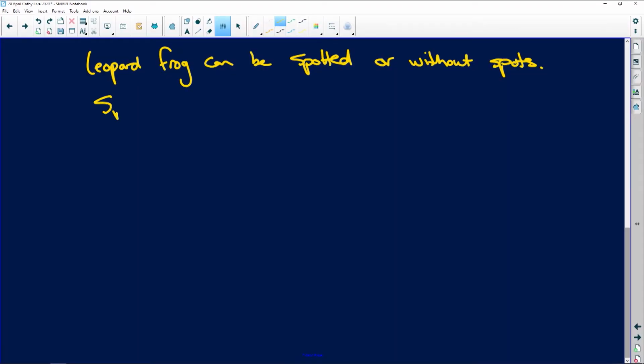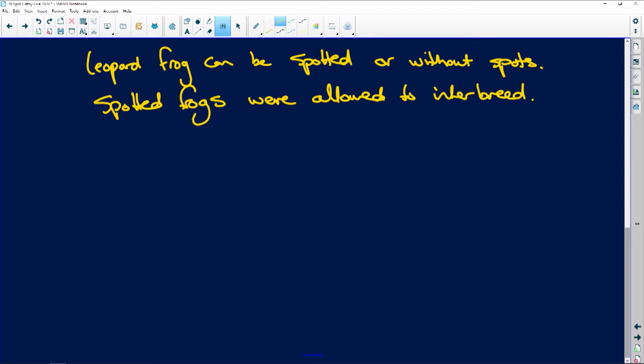Now listen carefully. They had spotted frogs that were allowed to interbreed. So we had spotted frogs and spotted frogs all interbreeding. And what was the result of that interbreeding? We ended up with 150 spotted and 50 without spots.